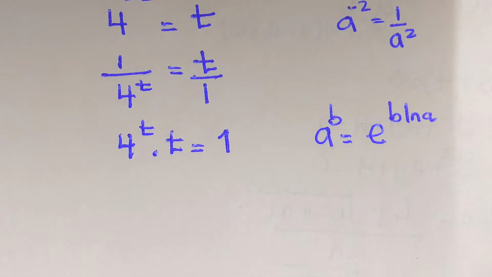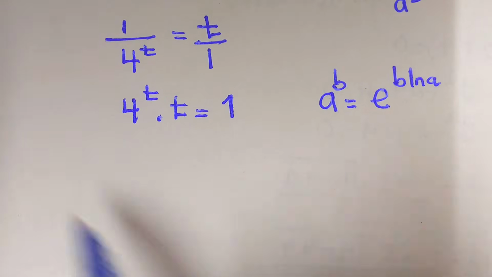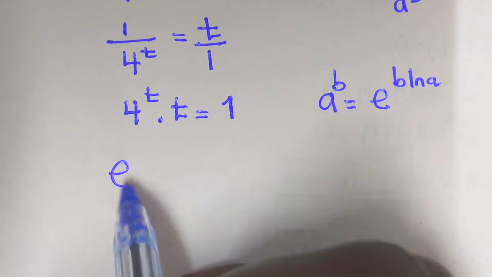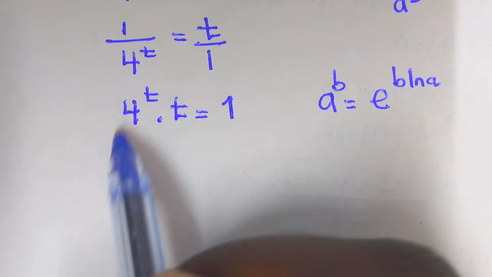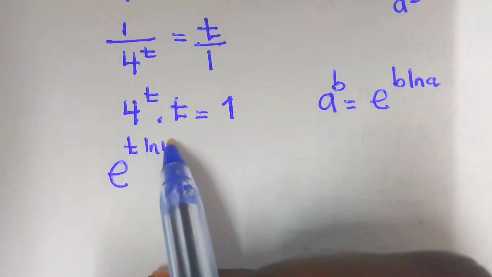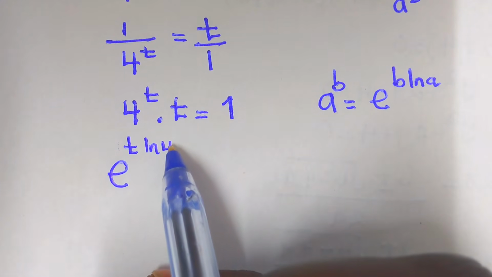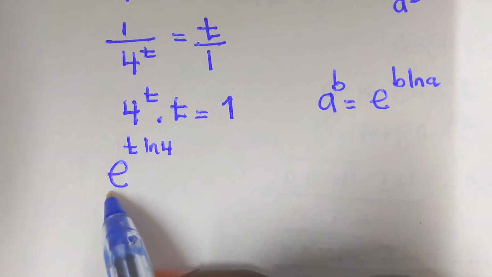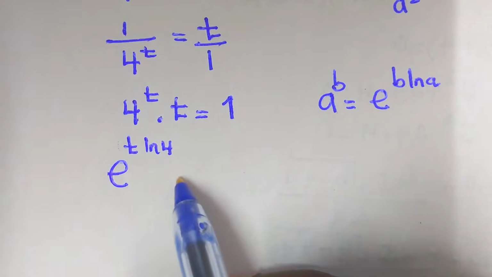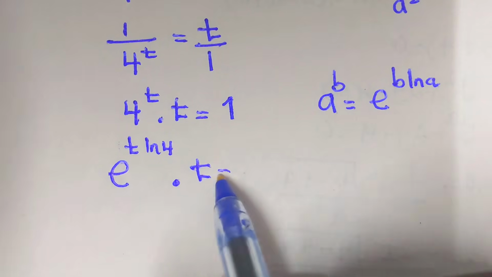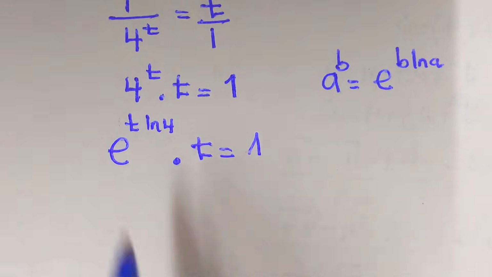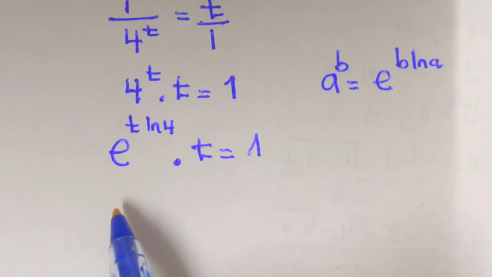So we apply this to get e power t ln of 4. We get 4 power t, and e power ln of 4 power t is the same as this, so that times t will be equal to 1.